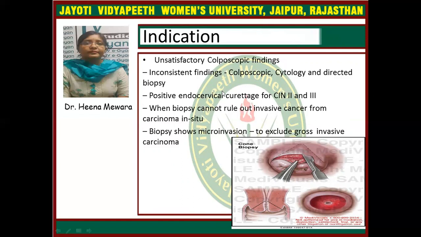When positive endocervical curettage and when biopsy cannot rule out invasive cancer from CIS, means carcinoma in situ, or microinvasion, then cone biopsy is taken. See in this picture, the cone is taken from the cervix by a knife.